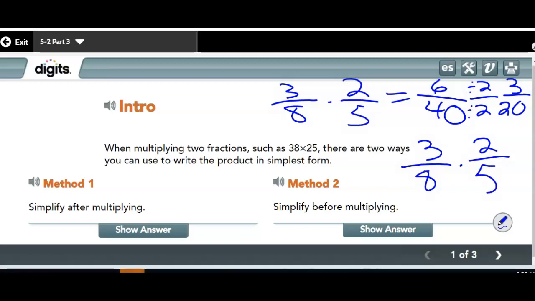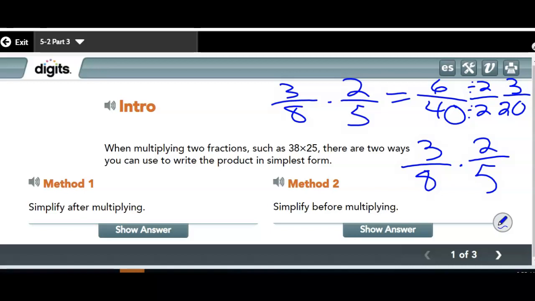Does anyone see how we can simplify this problem before we multiply? Jay? Again, is 3/8 in simplest form? Yes. Is 2/5? Yes. There is a way to simplify this multiplication problem before we multiply.